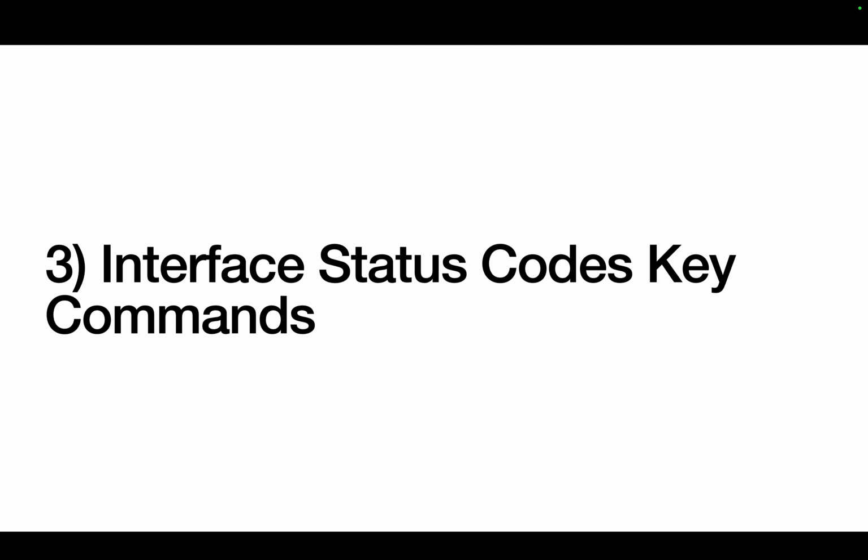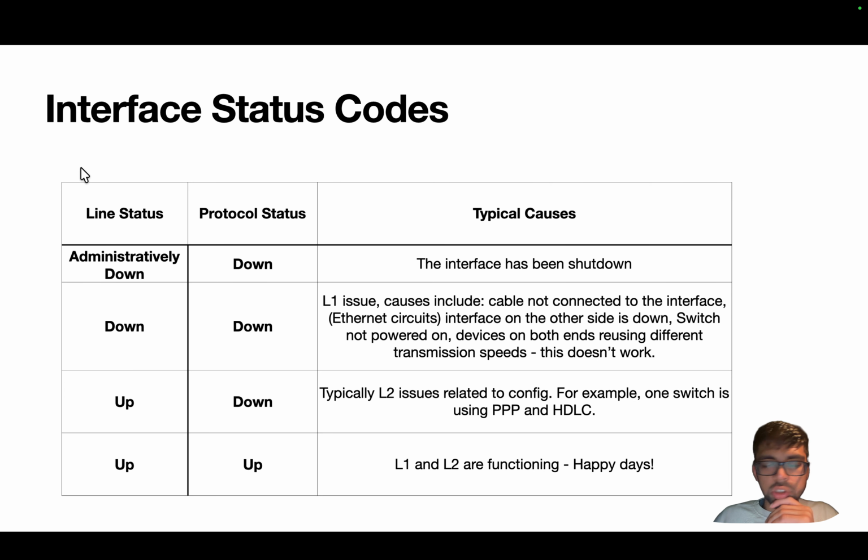When you get the interface status of your router, you'd see one column for status and another column for protocol status. Now that's great, but it's understanding what these mean.